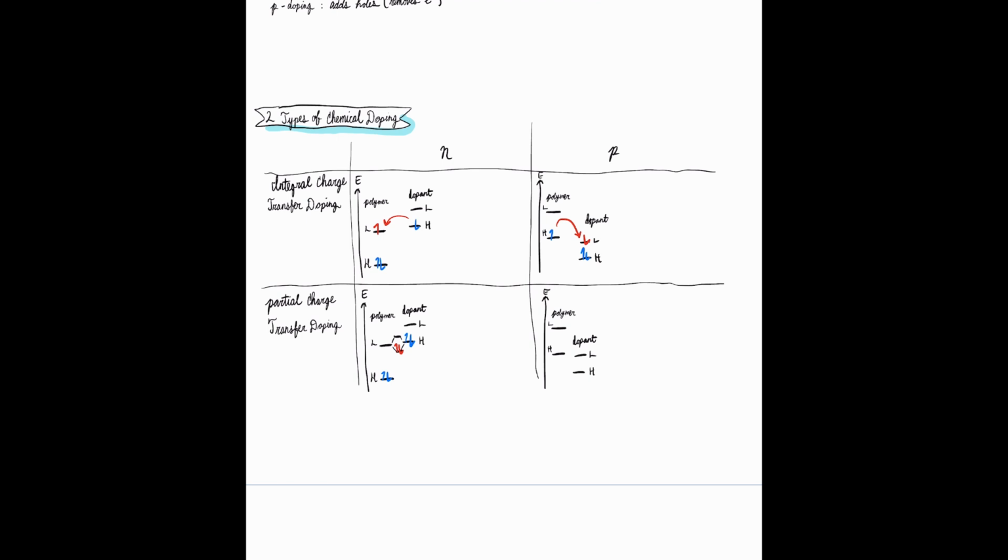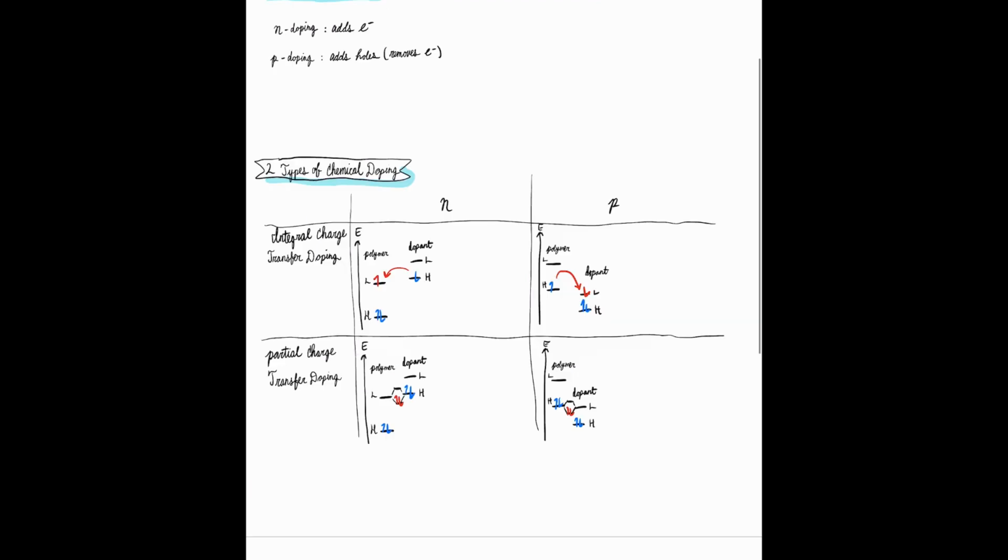The opposite of this is true for P-doping and partial charge transfer. So we have HOMO-LUMO levels. What's going to happen is that since the LUMO levels of the dopant are close to, if not lower than, the HOMO of the polymer, electrons will be shared between the polymer HOMO levels and the LUMO level of the dopant.